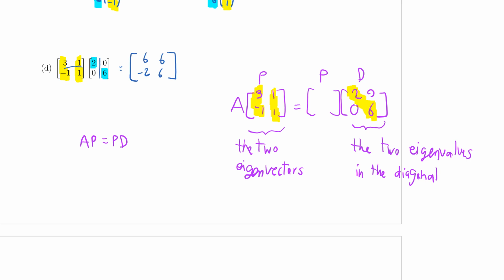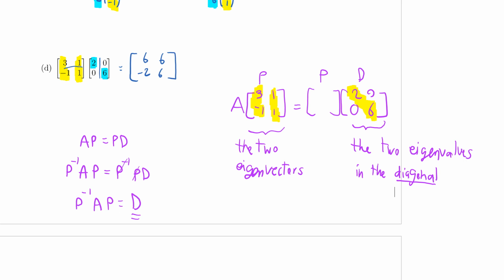If I multiply P inverse to the left of both sides of the equation, I'm going to have P inverse times A times P equal to P inverse times P times D. And P inverse and P will just cancel out because the product of the two is the identity matrix. I'm going to have P inverse times A times P equal to this D matrix here, the diagonal matrix where the eigenvalues are on the diagonal.